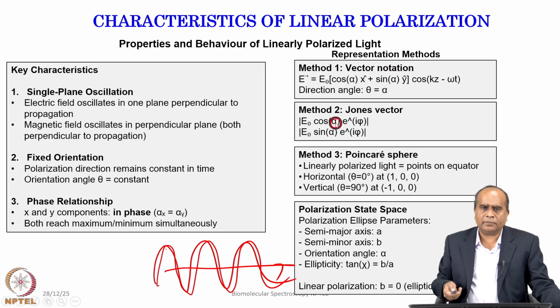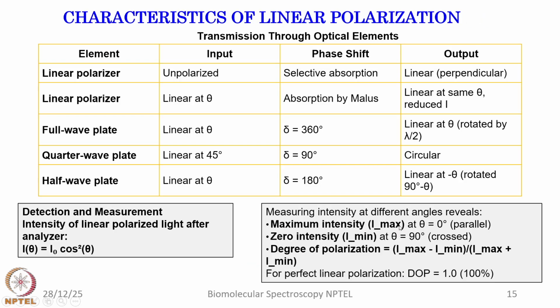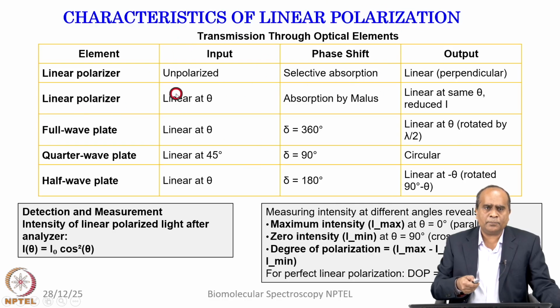So, for mathematical notation, one can use the Jones vector for propagation of the linearly polarized light. For transmission through an optical element, if the input is unpolarized, we can select depending upon absorption, and it is linear in the perpendicular direction. If you have a linear polarizer and the input is linear at theta angle, absorption happens by Malus law and the output is linear at the theta angle.